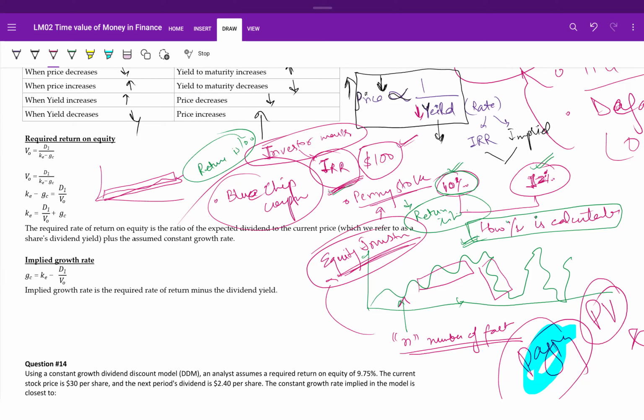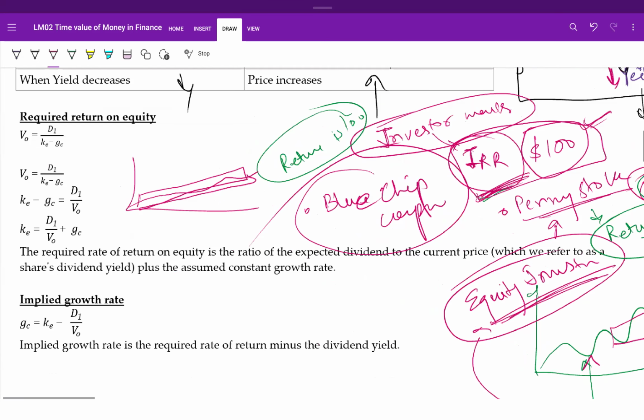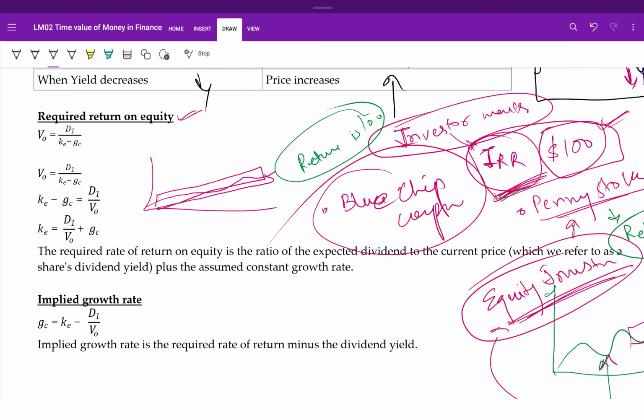So instead, rather than using the rate of return for IRR, we actually use share price. When we talk about the required rate of return on equity, we talk about dividends, not percentage growth. There is growth, but we start from dividends.